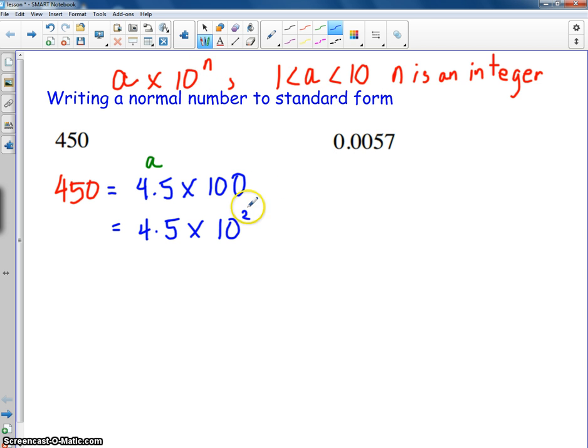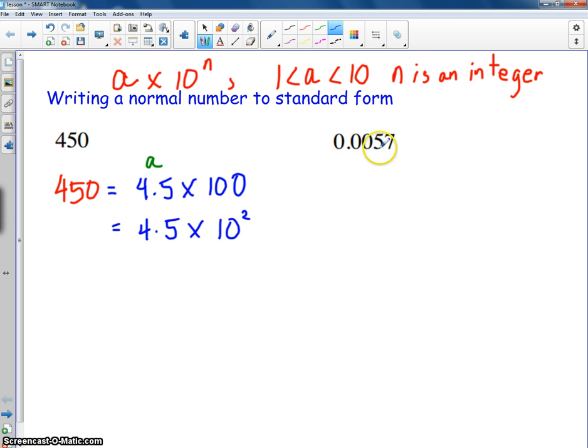And if n is 2 and 2 is an integer, then we have satisfied the whole formula. So basically, we've written 450 in standard form. 450 is equal to 4.5 times 10 squared, or 10 to the power of 2.